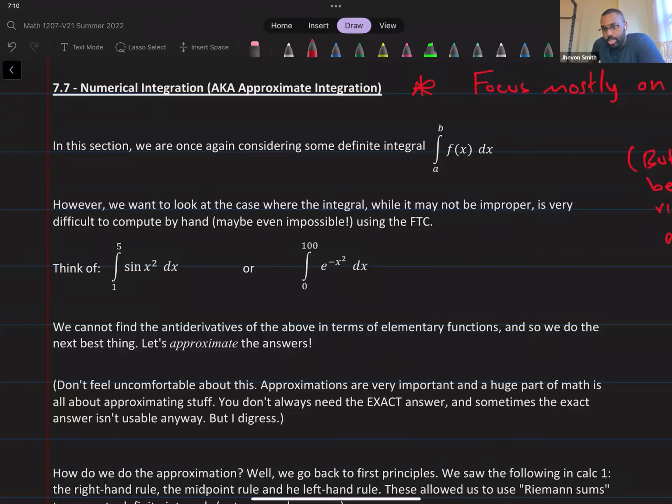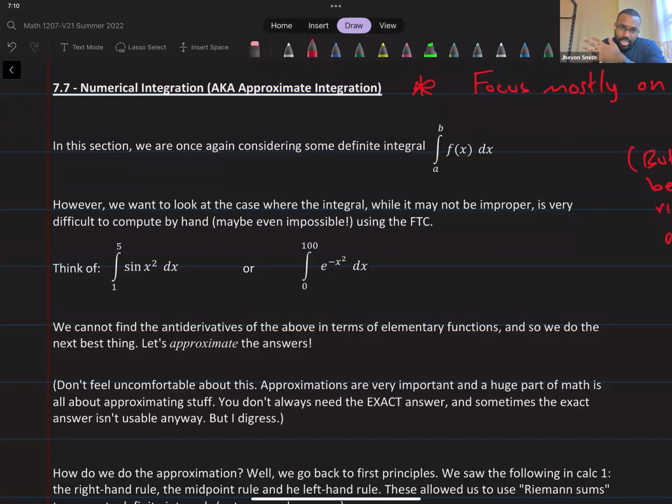So of all the functions that you've learned so far, there is no way to think about what function I would have to differentiate in order to get e to the minus x squared. There's no finite combination of trig functions, exponential functions, log functions, inverse trig functions, polynomials, rational functions, radical functions.